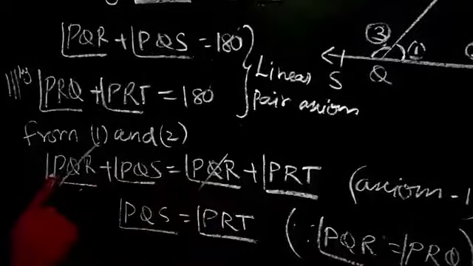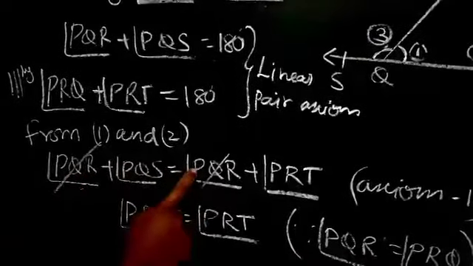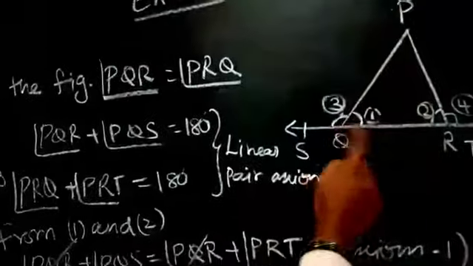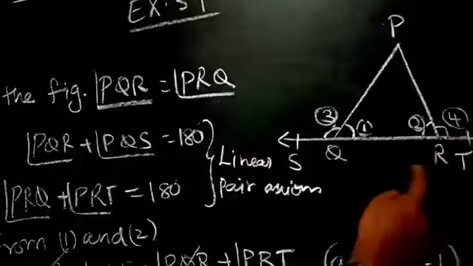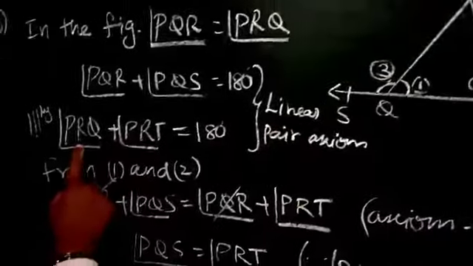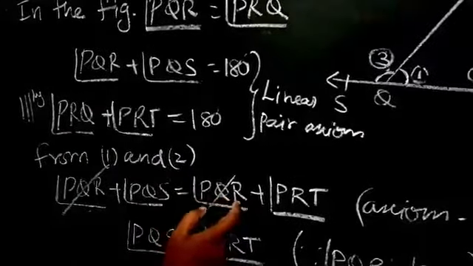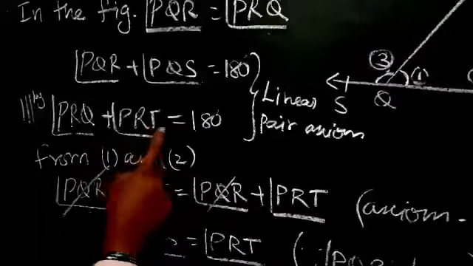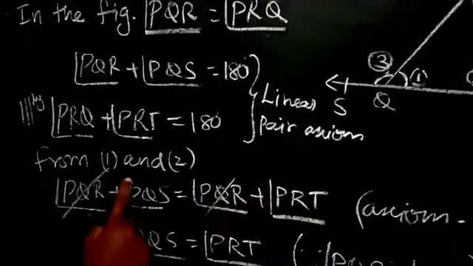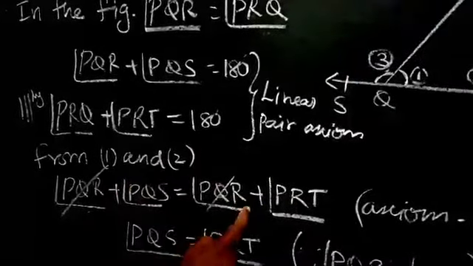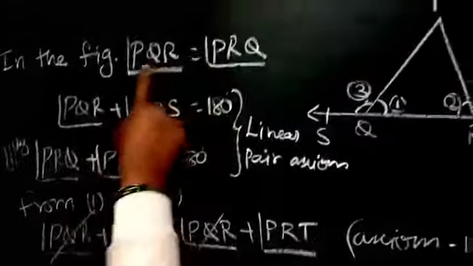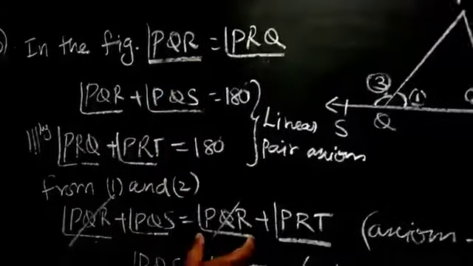Then PQR and PRQ. This is PRQ only. So in PRQ's place I have written PQR plus PRT because this is also 180, this is also 180. In this place they have given PQR, that's why I have written it.